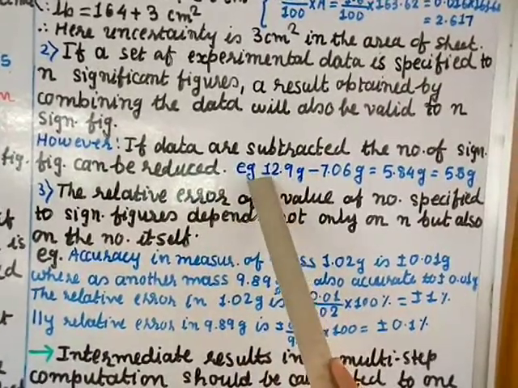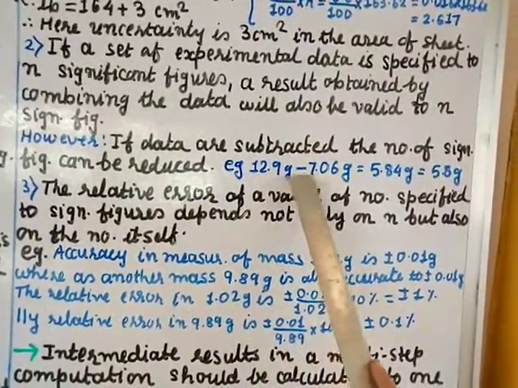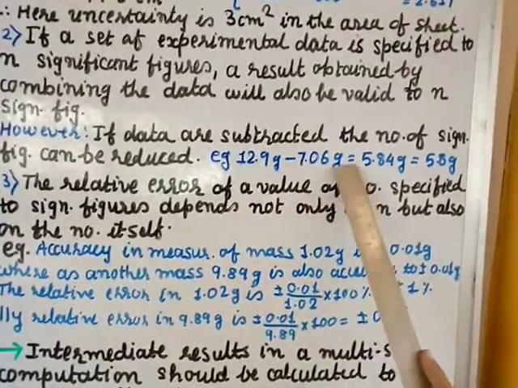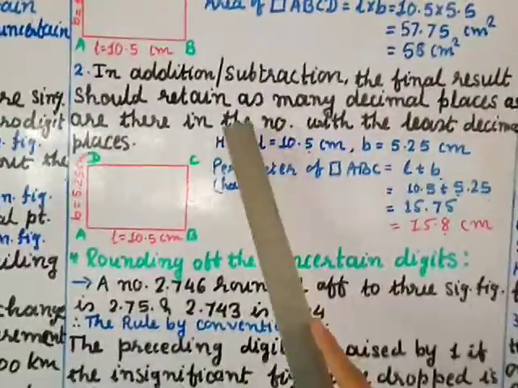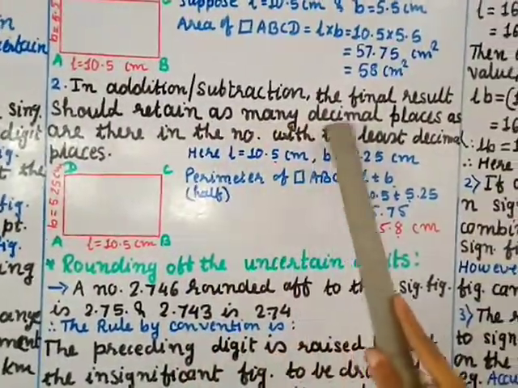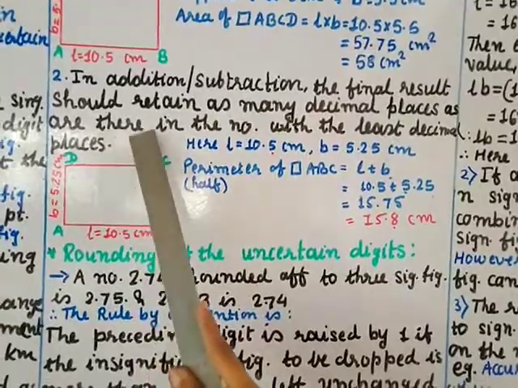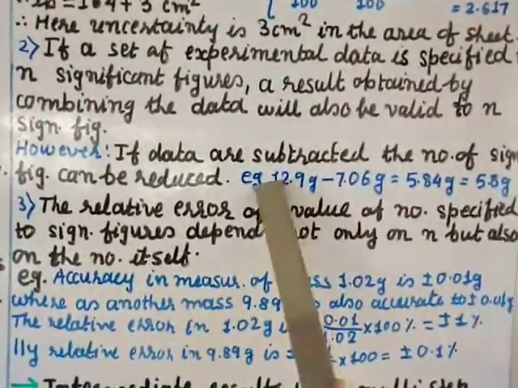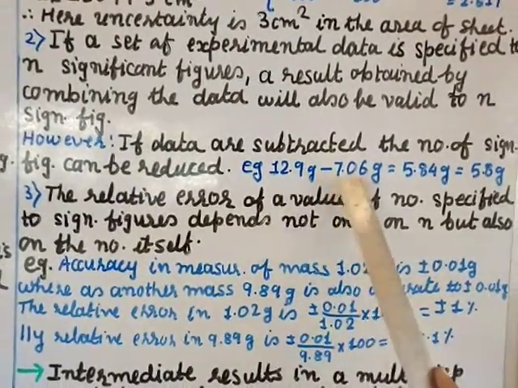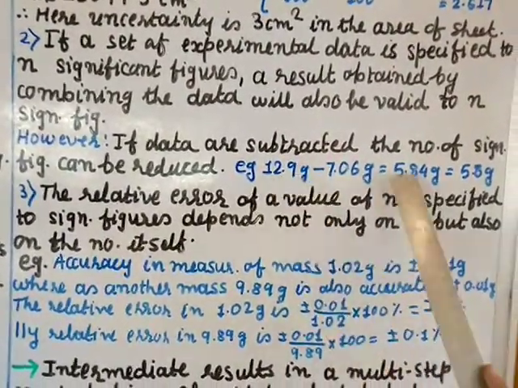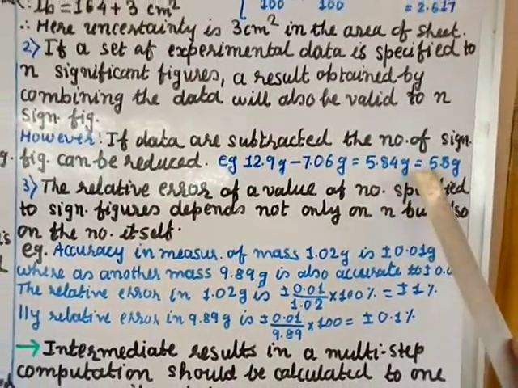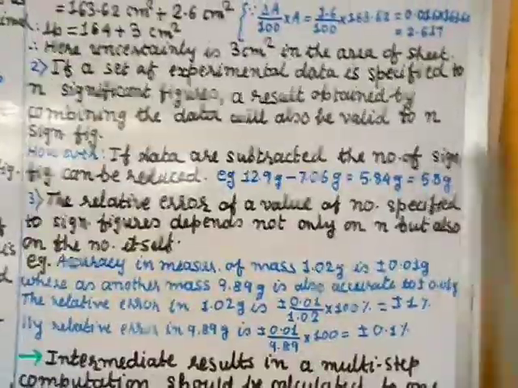Here is 12.09 gram minus 7.06 gram. The subtraction gives 5.84, but the rule is to retain as many decimal places as are in the number with the least decimal places. Here one has 1 decimal place, the other 2, so the least is 1. I cannot take 2 decimal places, I have to take only 1, so it will be 5.8 gram. That is the second rule.